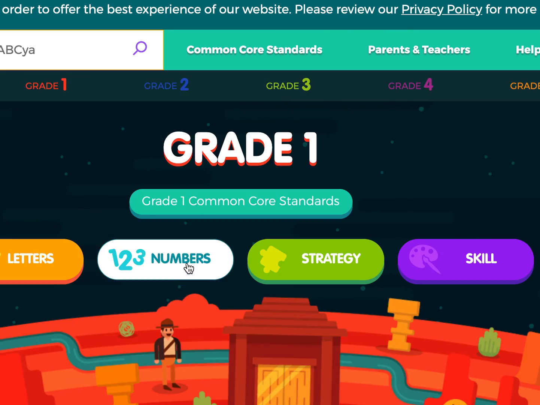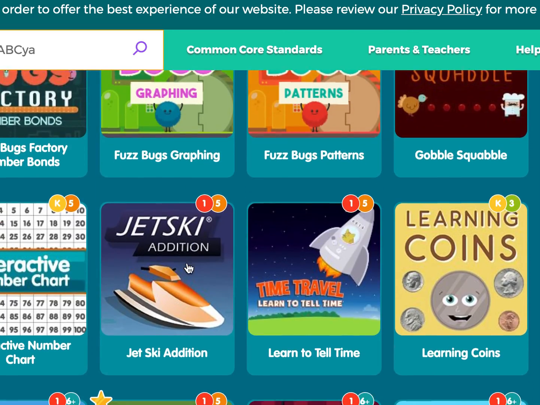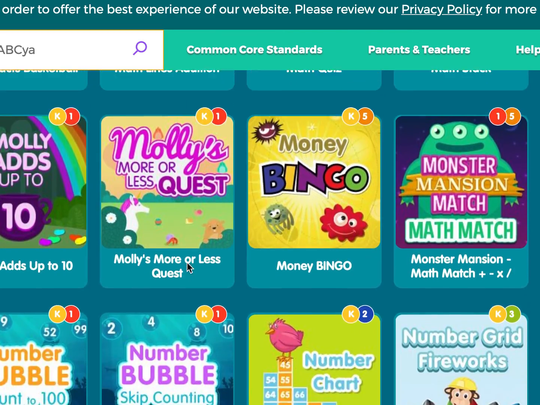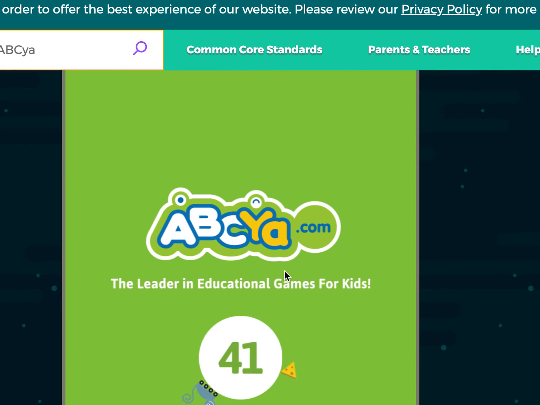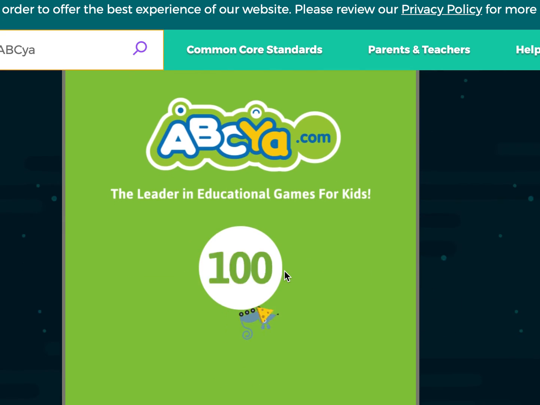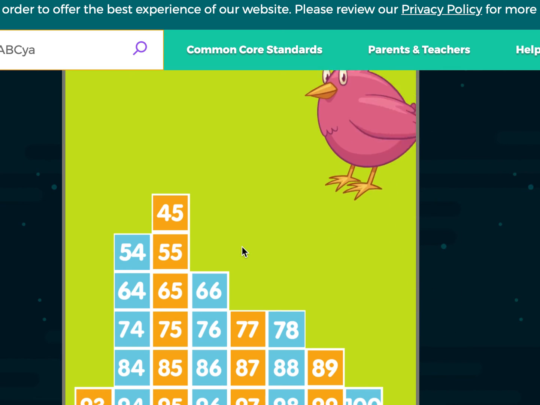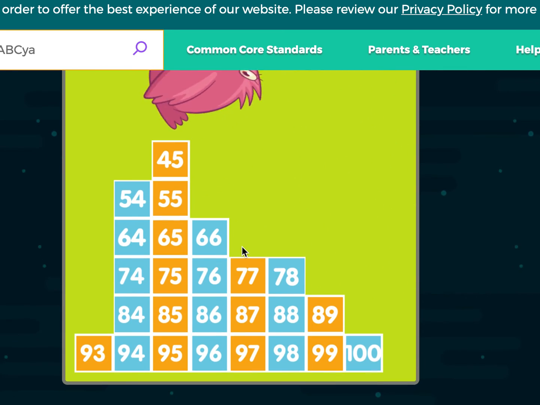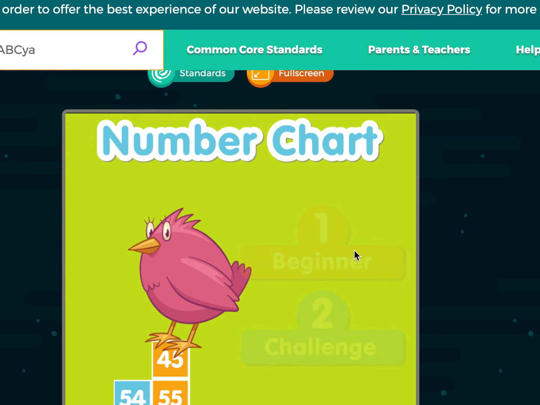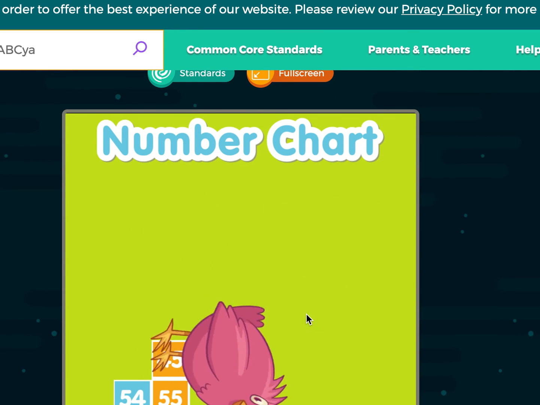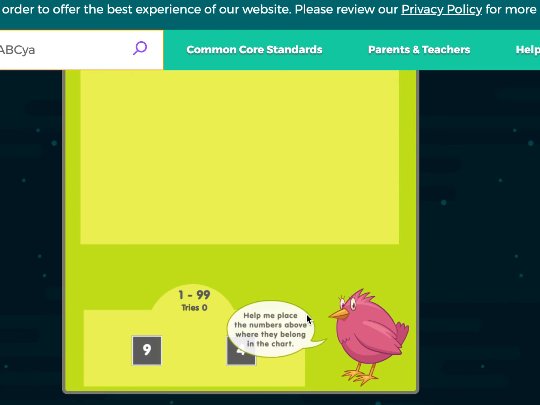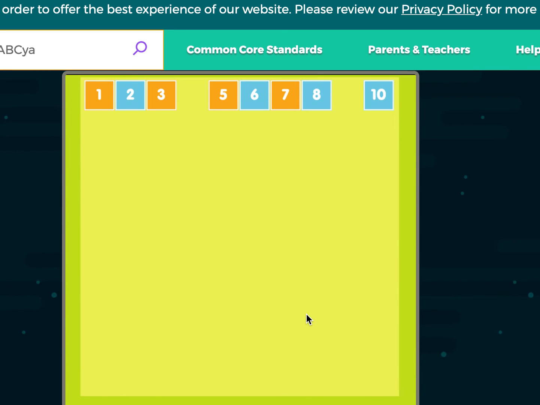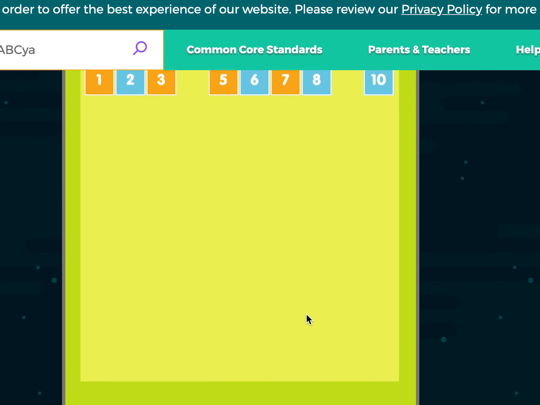Or you could do grade 1 numbers. We've done this one in class already too. 100 number chart. Click 1 to try. You want the 1 to 100 chart? Help me place the numbers above where they belong in the chart.